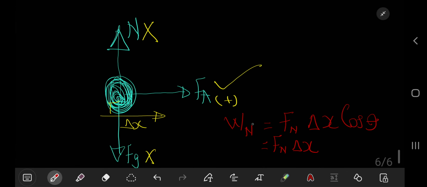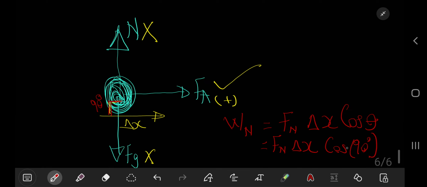The important part is the angle between the two. If it's perpendicular, then we have a 90 degrees angle. If you punch your calculator, cos 90 degrees equals 0, so it would be the normal force multiplied by the displacement multiplied by 0, and everything goes to 0 joules.